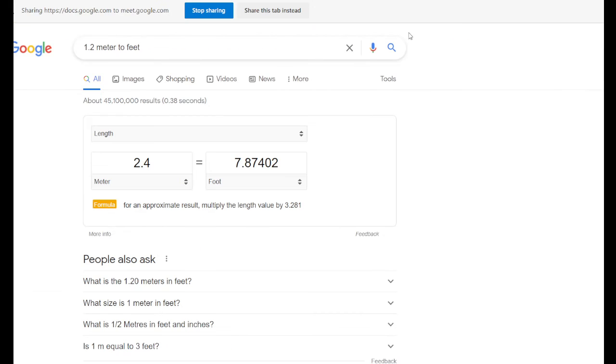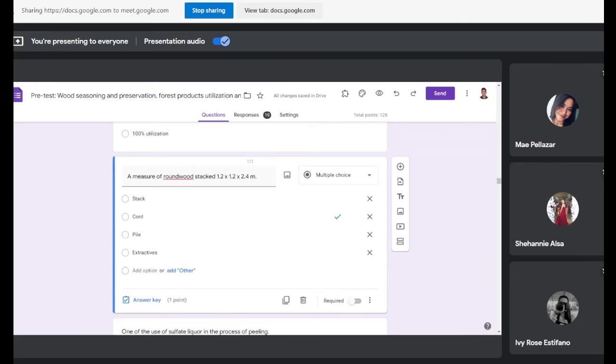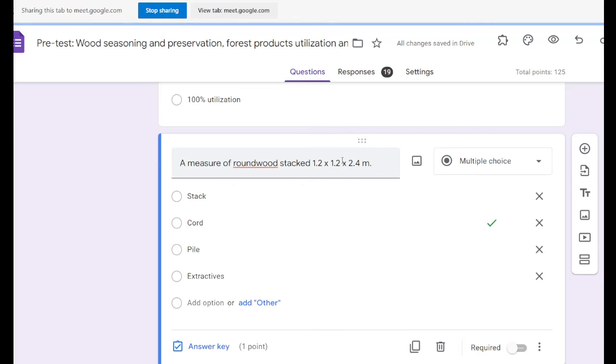Okay? 4 by 4 by 8 feet na dimension. So that is a standard cord, which is equivalent to 1.2 by 1.2 by 2.4 meters.